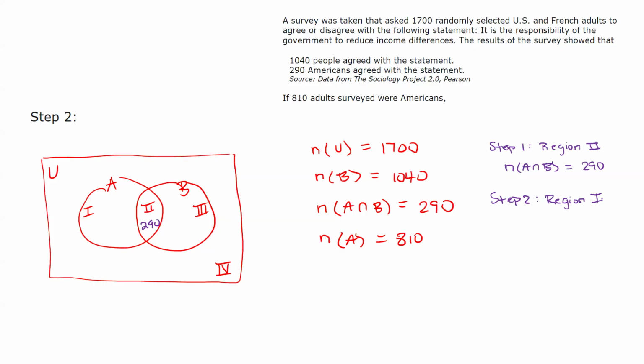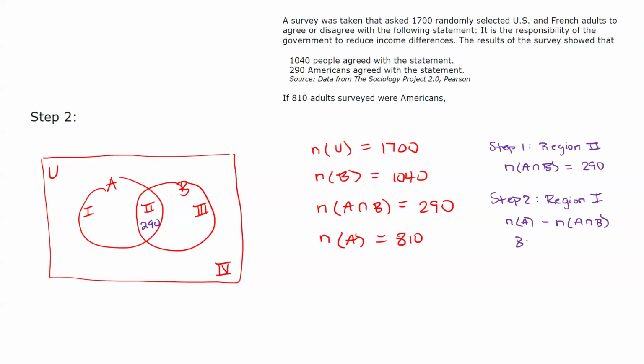number 1. Okay, so this is going to be the cardinality of set A minus the intersection, because we want the people who were Americans but disagreed. So we need to remove the number of Americans who agreed.